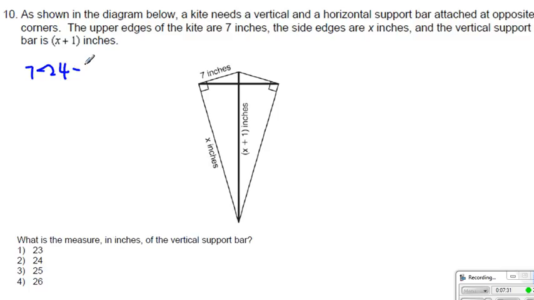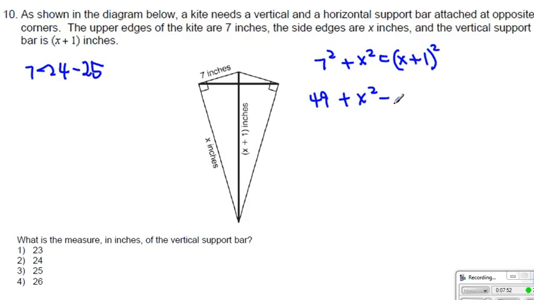But if you didn't memorize it, then you actually have to calculate one at a time. 7 squared plus x squared will be equal to x plus 1 squared. Then here we have 49 plus x squared. If you expand this one, you will get x squared plus 2x plus 1.